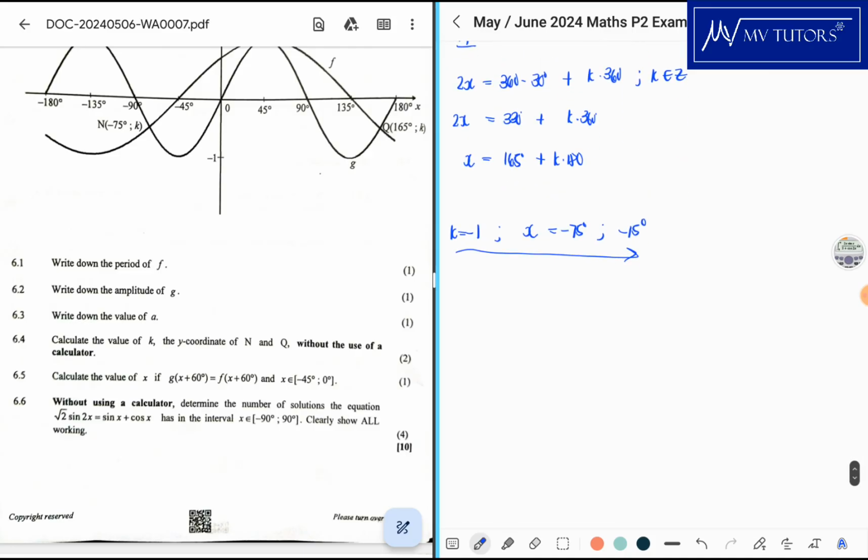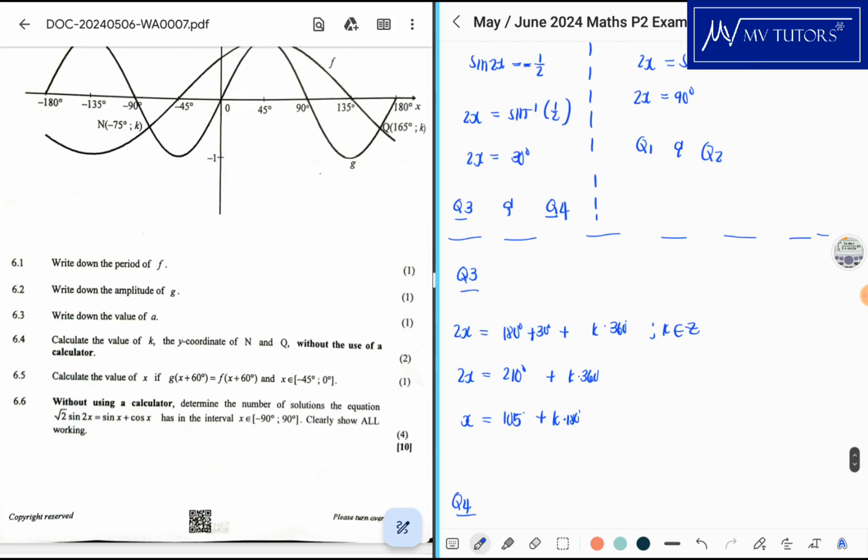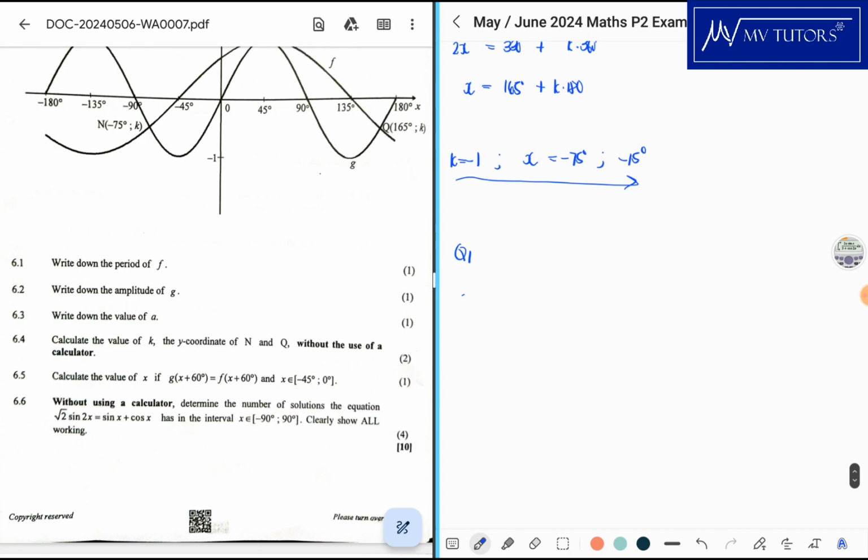Now let's move on to quadrant 1. The reference angle there, remember, was 90 degrees. So basically I have 2x is equal to 90 plus 360 times k, where k is an element of integers. So basically there x is equal to 45 degrees plus 180k.